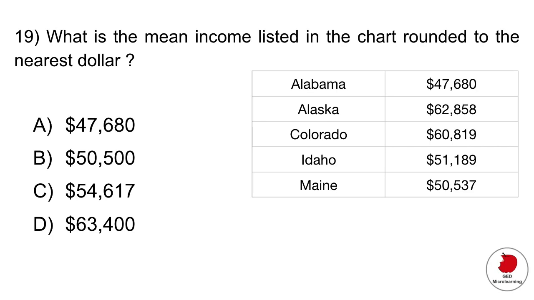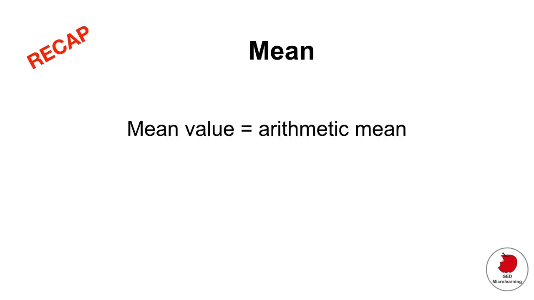Okay, so question 19 is a statistics question, which asks, what is the mean income listed in the chart, rounded to the nearest dollar? So again, as I said previously, for statistics, you have to focus on mean, mode, median, and range. Those 4 come up a lot. Mean essentially means the arithmetic mean, the average.